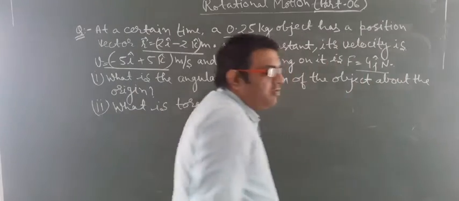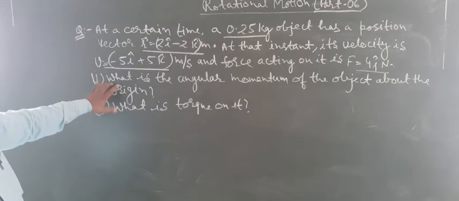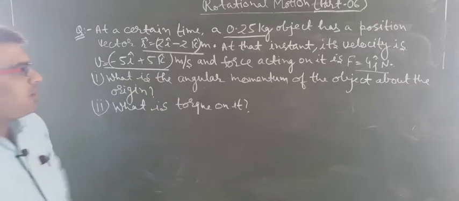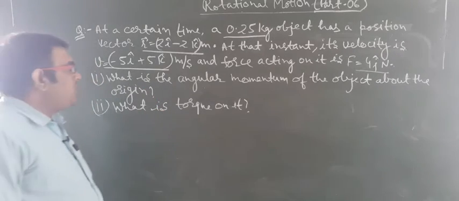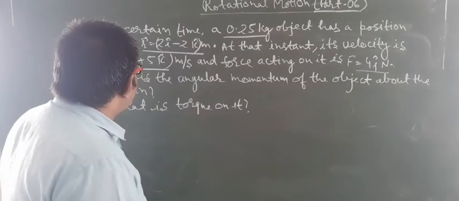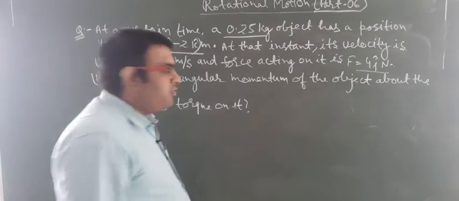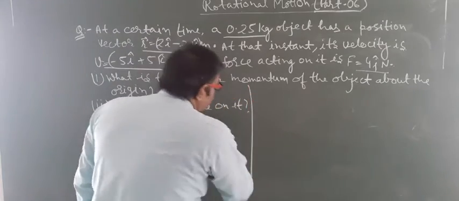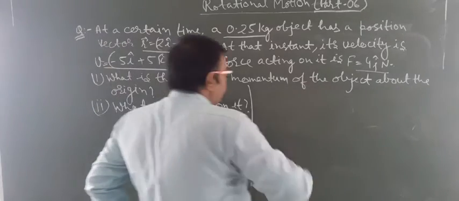First of all, you have to calculate the angular momentum of the object about the origin at that particular instant of time. Then we have to calculate the torque also. So let us see about the angular momentum.